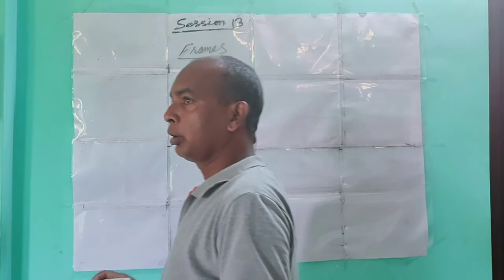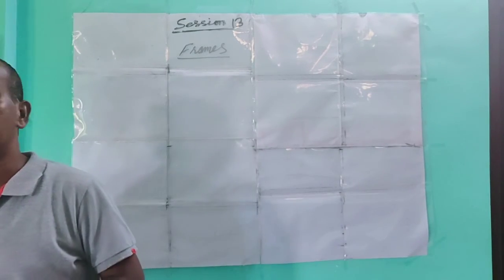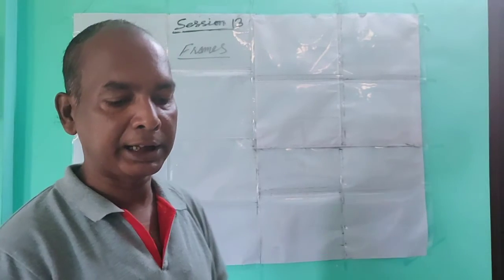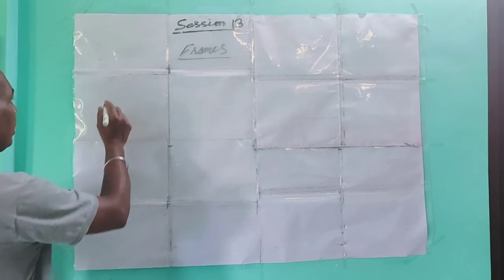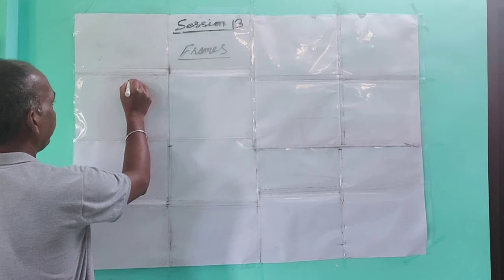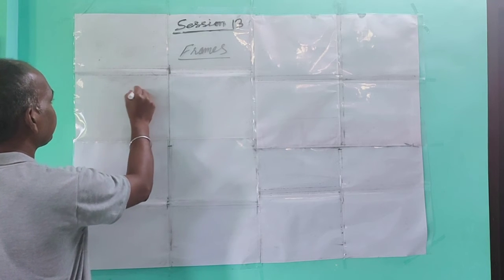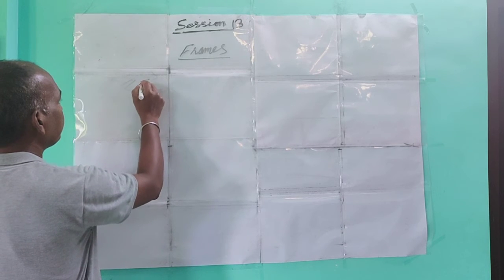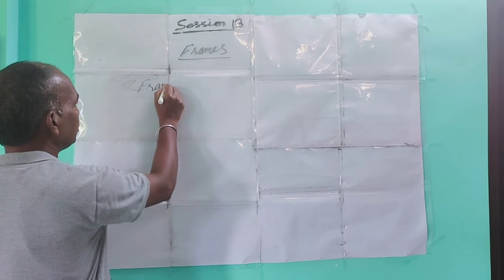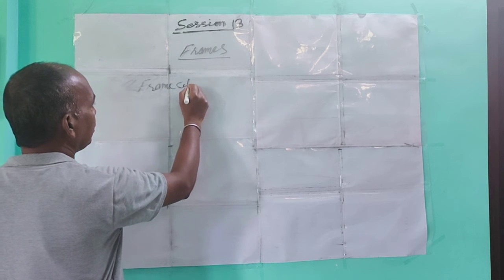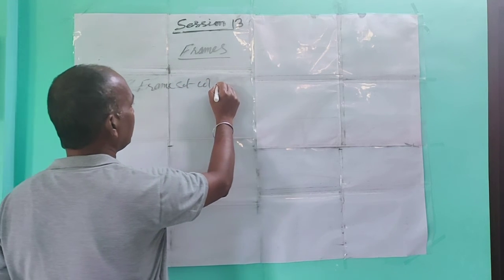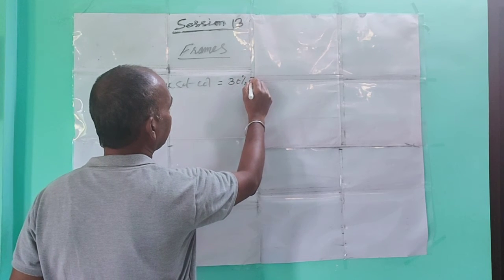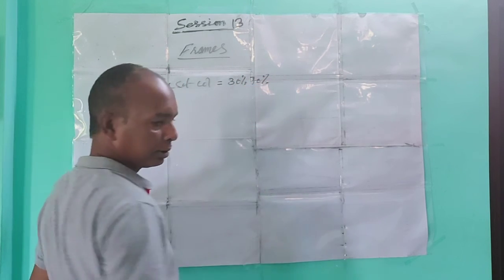Now I told you about the different attributes used in the frame tag, so now I show you an example using them. After HTML body, frameset cols 30%, 70%.